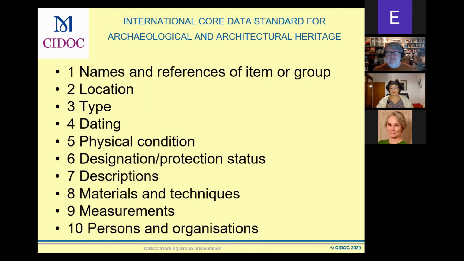So names and references to other things, where it is, what type it is, any dating information we have for it, its physical condition, any protection status that has been assigned to it, free text or other descriptions. So you can put sound recordings or video recordings or other things in there if you want. Materials and techniques.